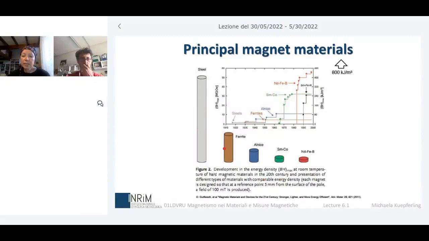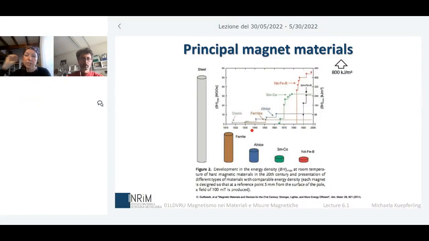Here again, you see the difference in sizes. This is nice, but you also see here the BH max of the different kinds of materials that we have, especially with respect to the time when these materials were developed. You can see the first hard magnetic materials, of course, performing in a ridiculous way with respect to neodymium iron boron nowadays, are hard magnetic steels.